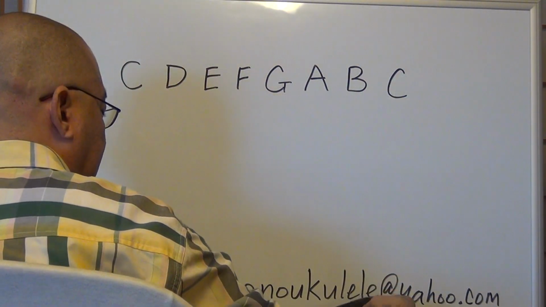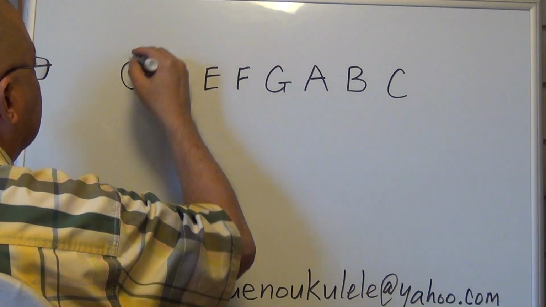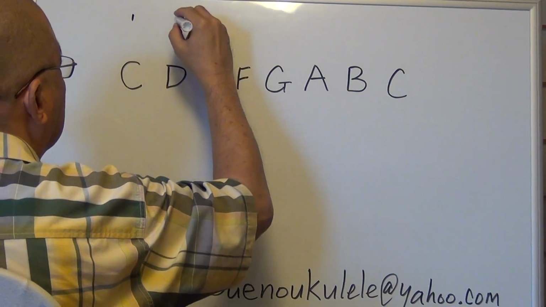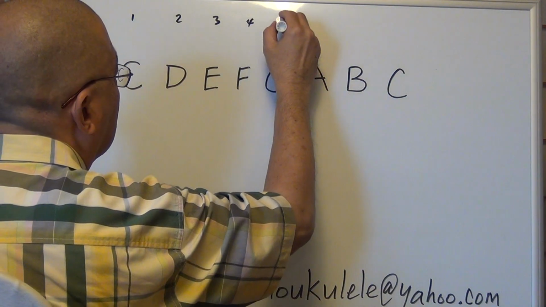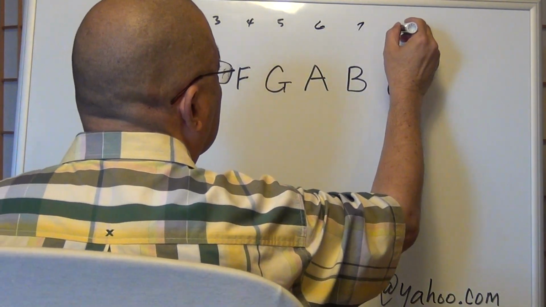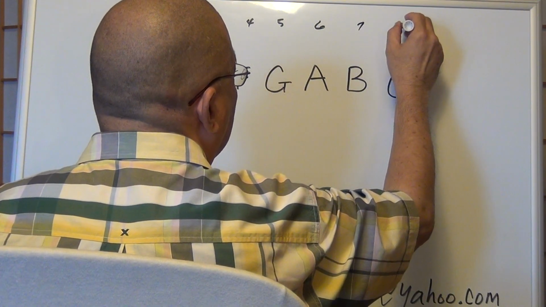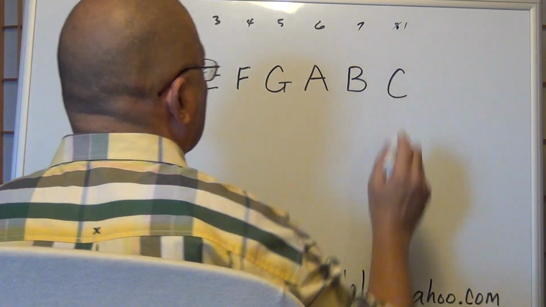If you recall, in the previous tutorial, we said that each letter had a number. So you can see that's 1, 2, 3, 4, 5, 6, 7, 8, but this is more like a 1. So 8 or 1.